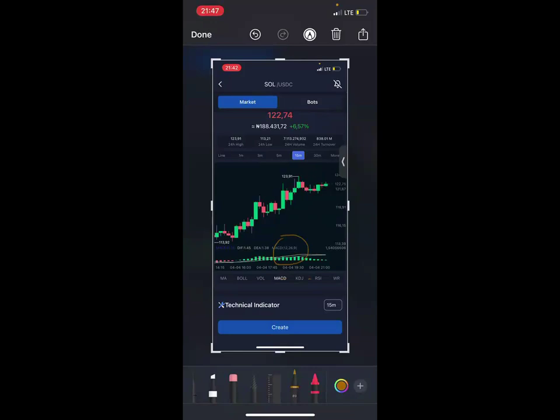So on our MACD, we know that we have the 12 days present, and then we have the average of the price in 26 days. So now the average price of this asset, Solana in this case, in 26 days. And then we also have the 9 days. So how does this even matter to us as traders?